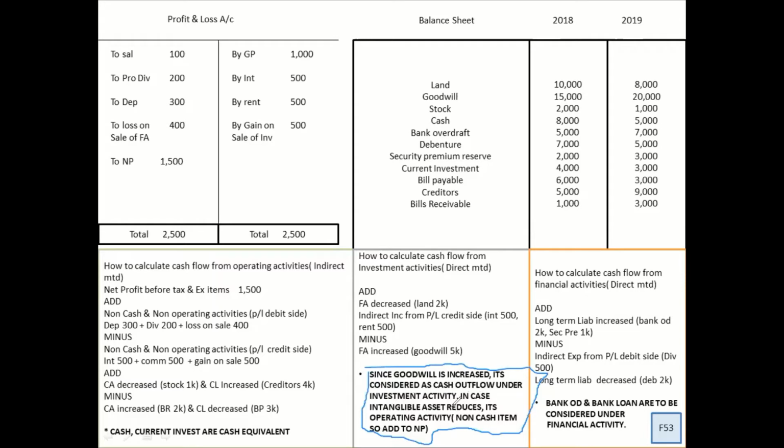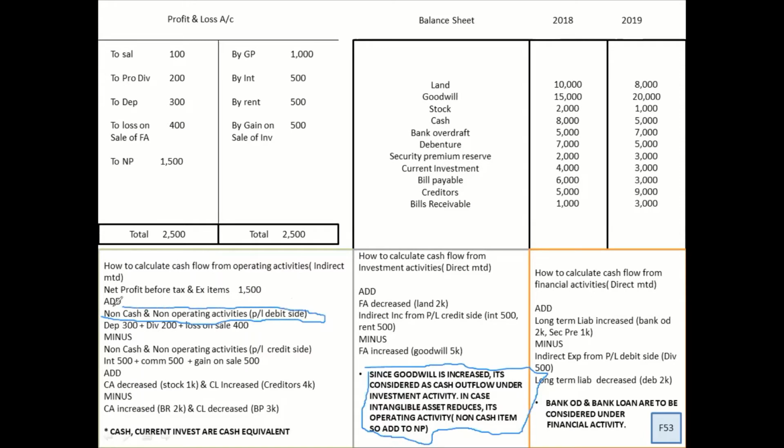You might have learned the term amortization in 11th grade. That means the value gets gradually reduced. Amortization and depreciation means the same. Depreciation you use for tangible asset, amortization word you use for intangible asset. Both are non-cash. And what are you supposed to do with non-cash items? We learned over here, no?